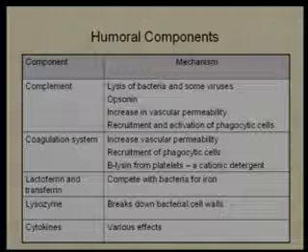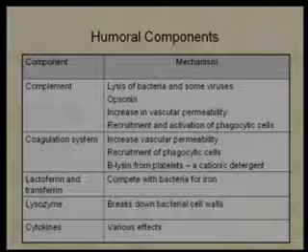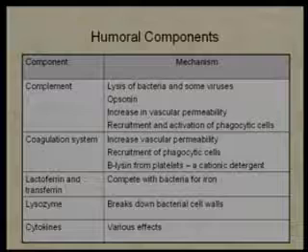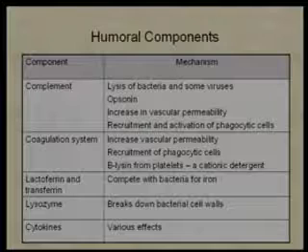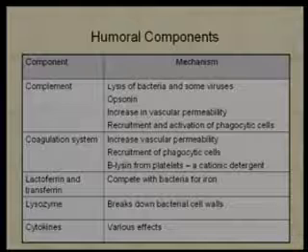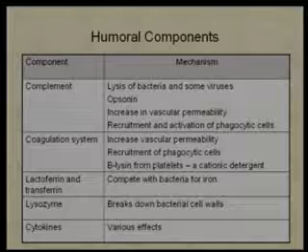Lactoferrin and transferrin in the serum and other secretions also play an important role. Iron is a very important nutrient for bacteria as well as for us, but iron is fairly insoluble. Certainly, iron is not very soluble in liquid systems, and so there's this competition. We need iron. So what we do is we have lactoferrin and transferrin that bind up the iron and keep it soluble.